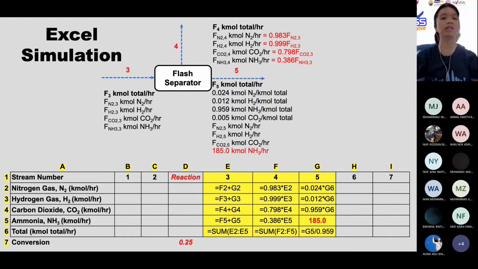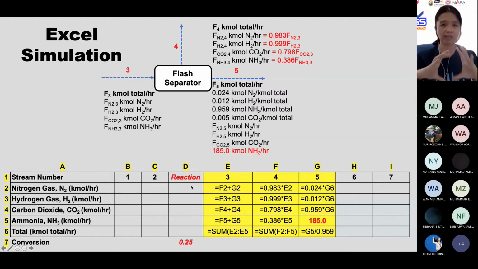In Excel, you need to understand the concept for each row. One concept is that each stream has one number. The stream numbers follow your plan, your PFD, because we want to calculate for every stream. In my case, I have 7 streams, so each column is for 1 stream. Then I have 1 additional column, which I call the reaction column.